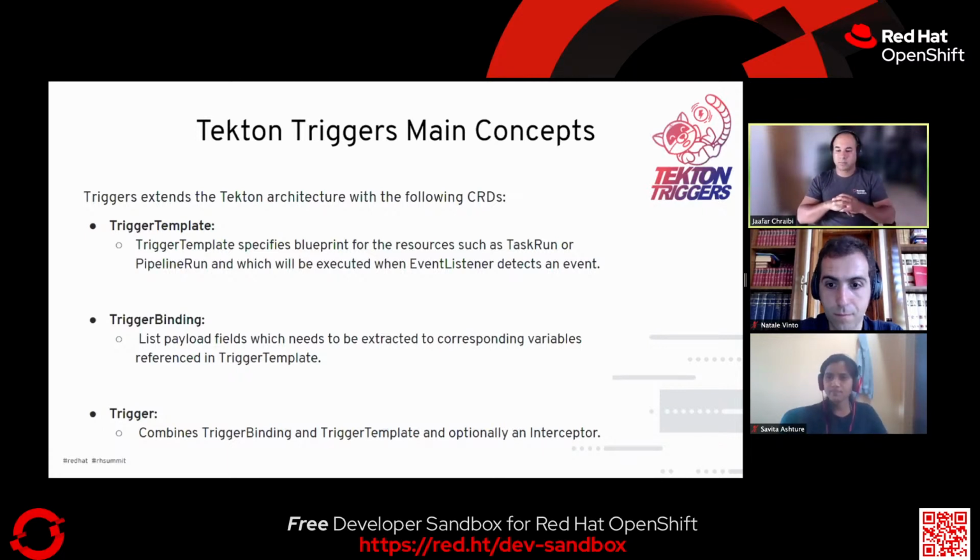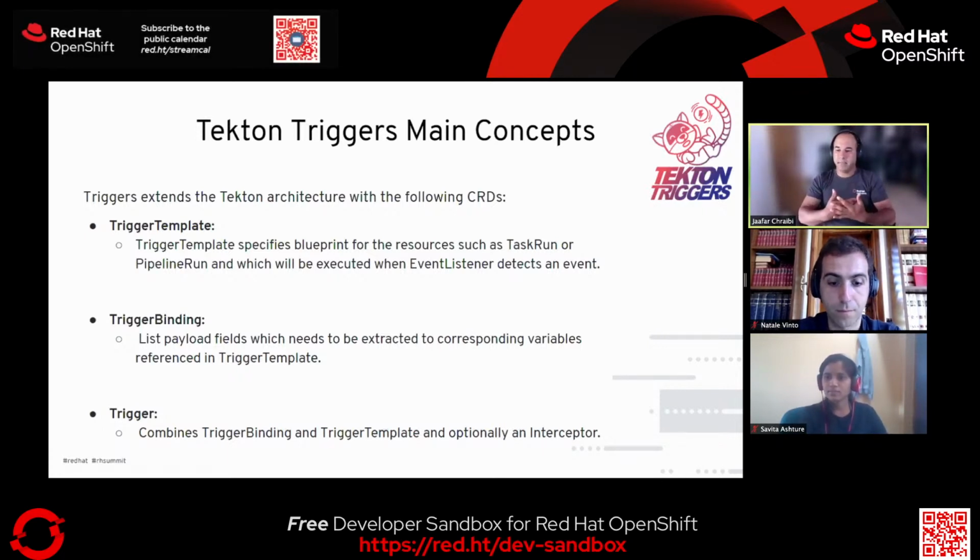So what we missed was, okay, I have my pipeline that is defined somewhere. And when I have my Git event, I need something to create my PipelineRun automatically, okay?